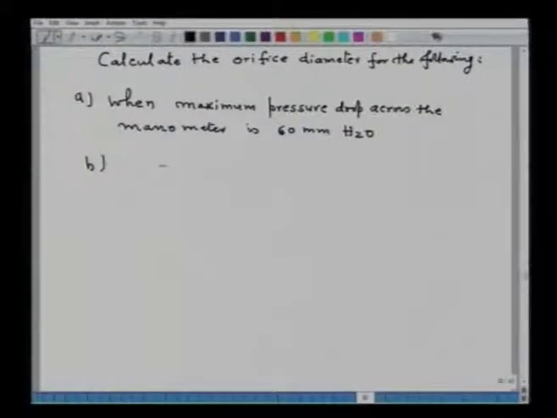B, same when the pressure drop is 70 millimeter water. C, same when the pressure drop is 55 millimeter water.